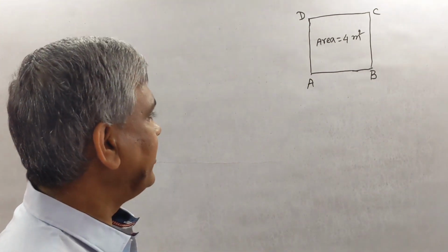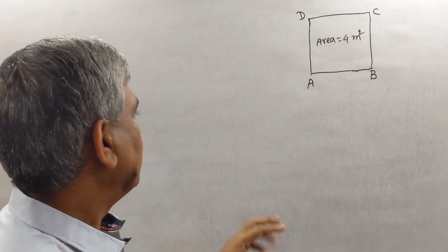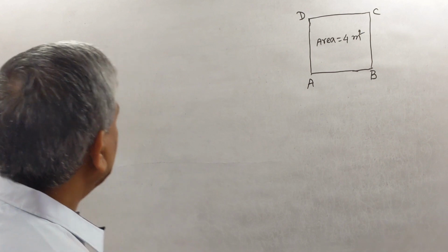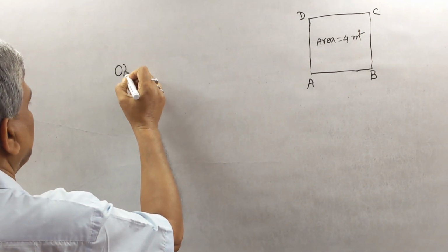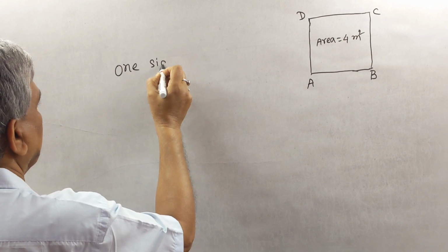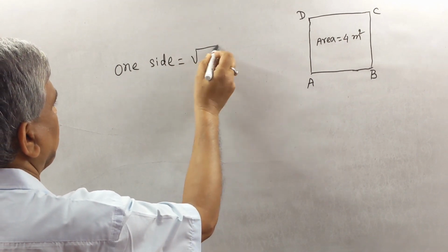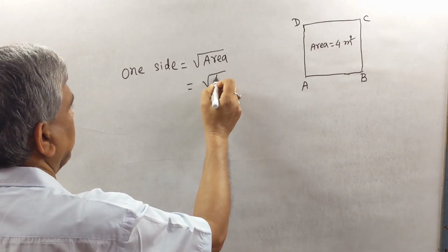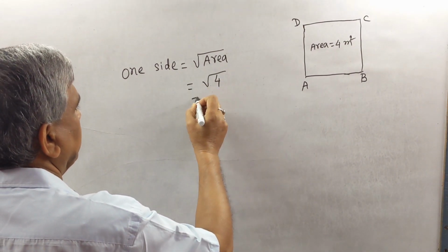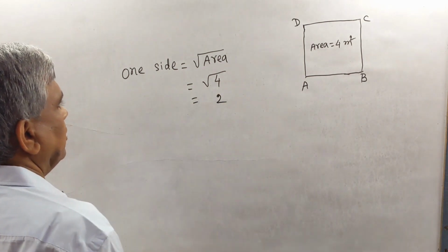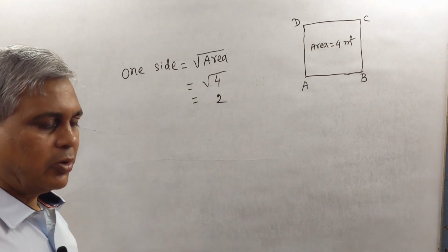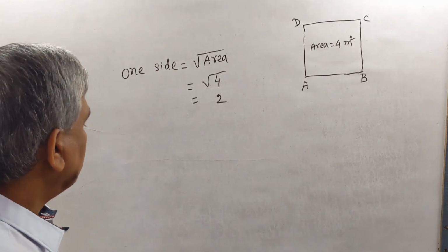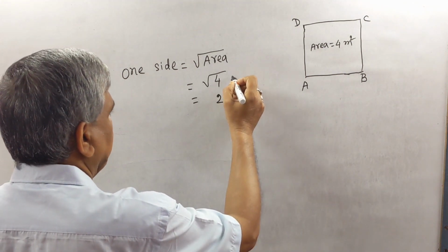Now we have to find one side of this square. We find one side equal to square root of area, that is square root 4, that is 2. It may be plus minus 2, but for the length we take the positive value, 2 meter.